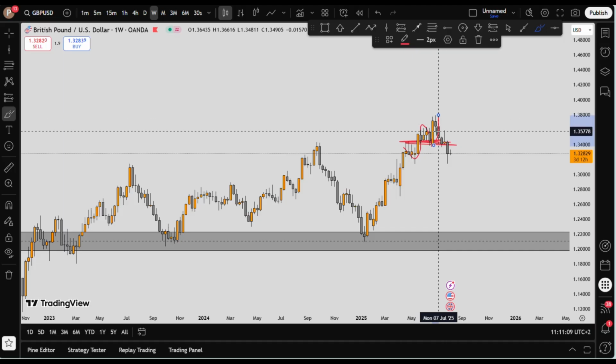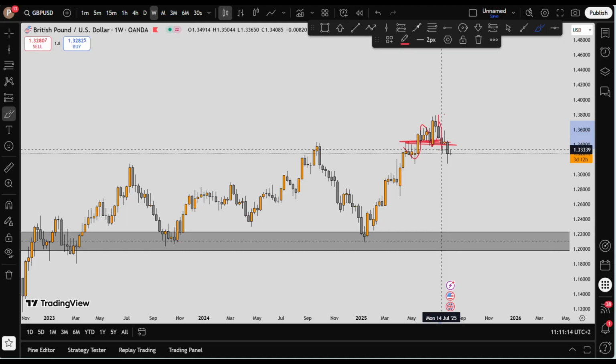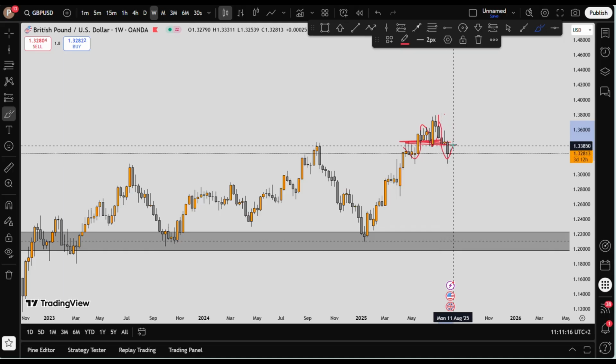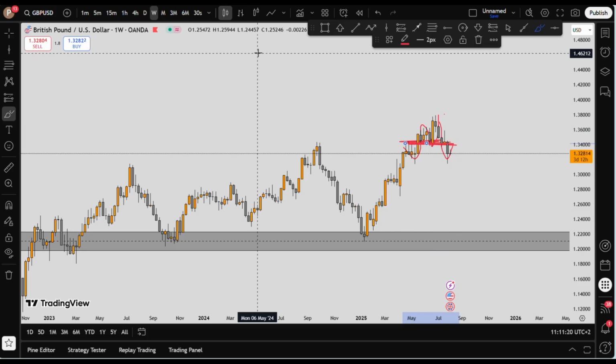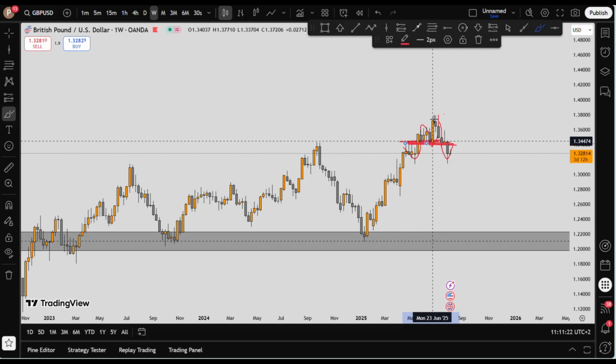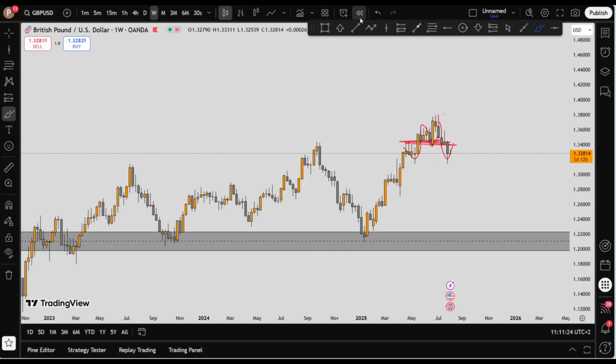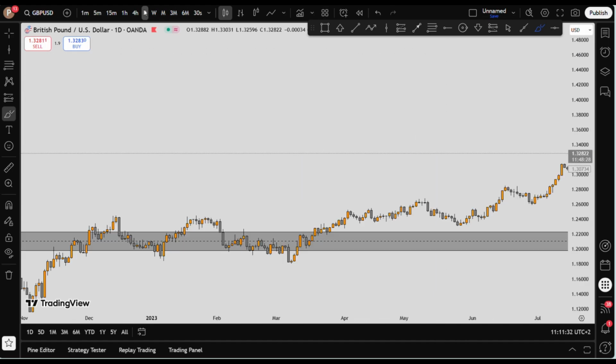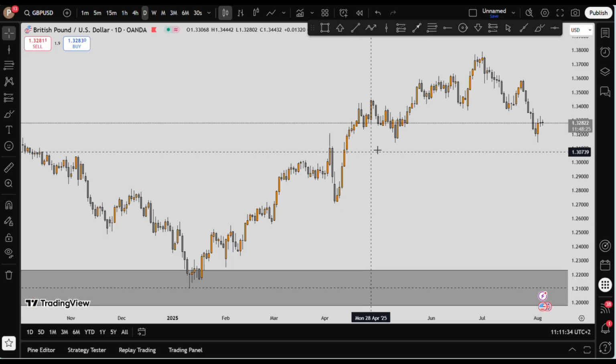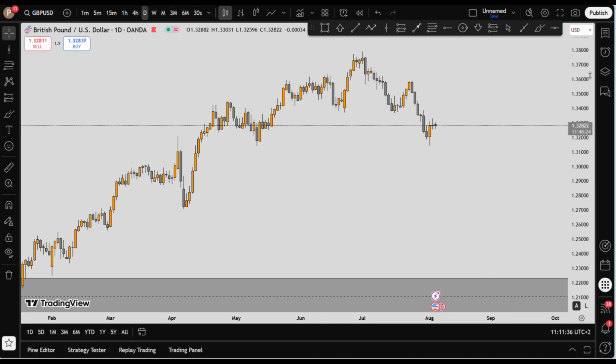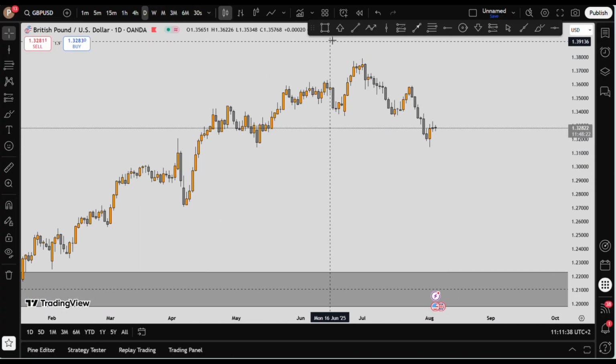It failed to close above to go higher, and instead price came to break this one, and then we're expecting a retest here. It's going to be clearer on the daily, but what we can identify here is that our uptrend is starting to fail. Right, so let's drop down to the daily and get a better picture of what's going on.